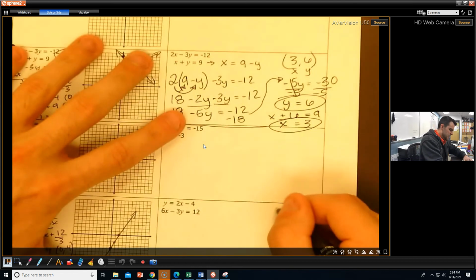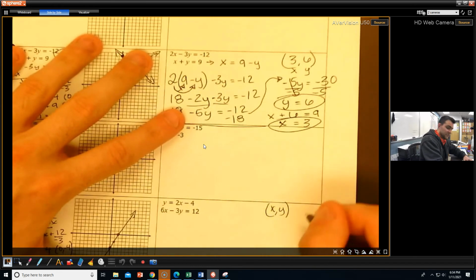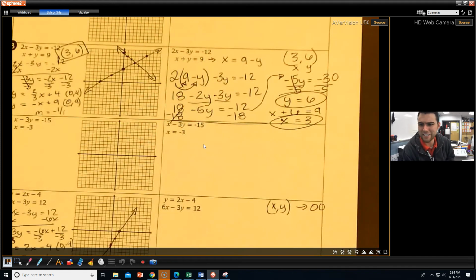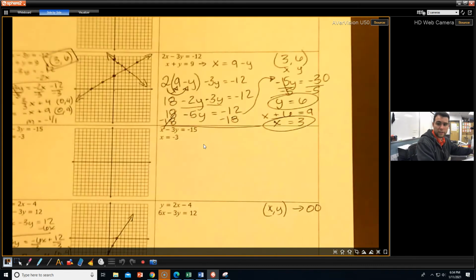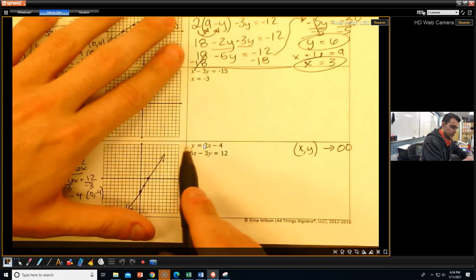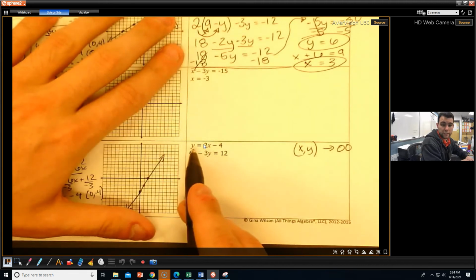All right, so how does x comma y, because that's how we write our solutions, correspond to infinite solutions? That's weird. Let's take a look. We actually haven't seen this yet. It's a good thing we're doing it, right? Again, take an equation and solve for x or y. y is solved for.